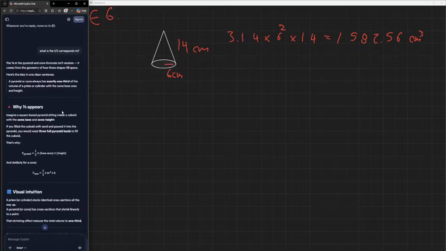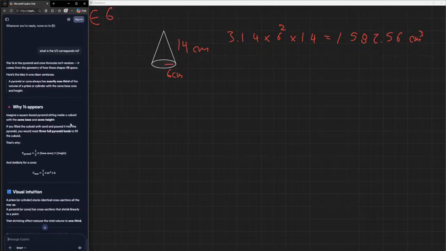The 1/3 in the pyramid and cone formulas comes from the geometry of how these shapes fill space. Here's the idea: a pyramid or cone always has exactly 1/3 of the volume of a prism or cylinder with the same base area and height. What does it mean, 1/3 of the volume of a prism? Okay.